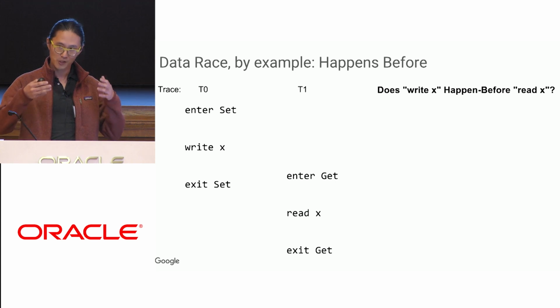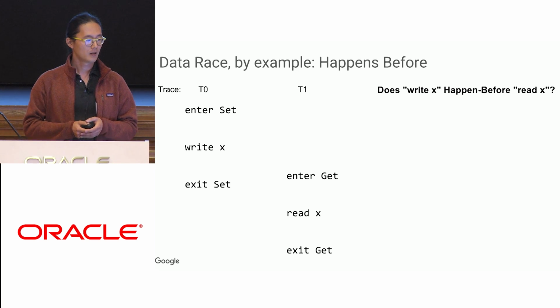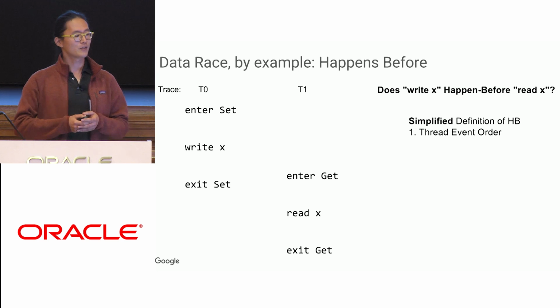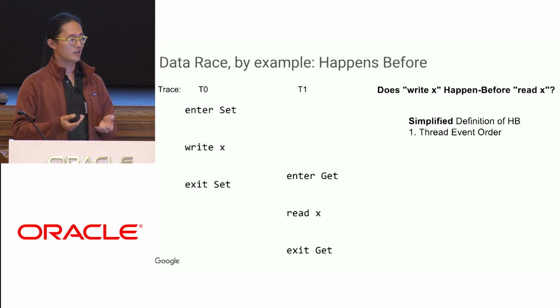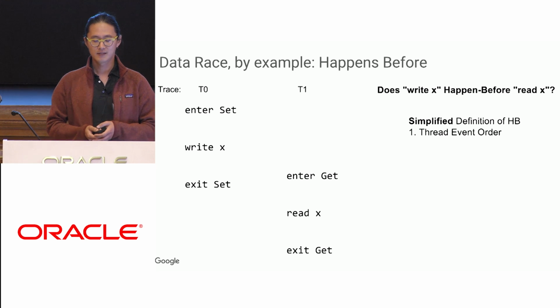This is the question we're going to keep coming back to as we progress through the slides. Here's a very condensed, simplified definition of happens-before. First, we take what I might call the thread event order. It's very intuitive. In T0, enter of set happens before the write of x, and write of x happens before the exit of set. In T1, the same thing: enter of get happens before read of x, happens before exit of get.